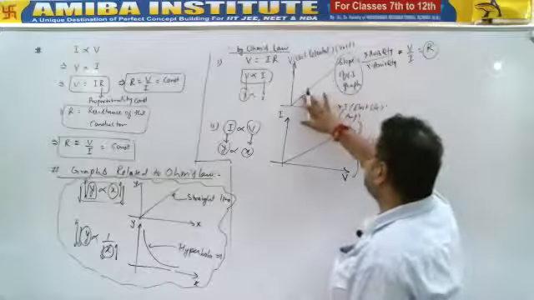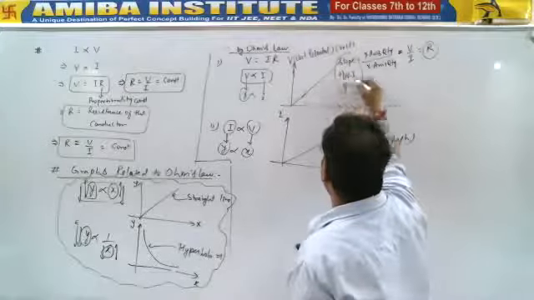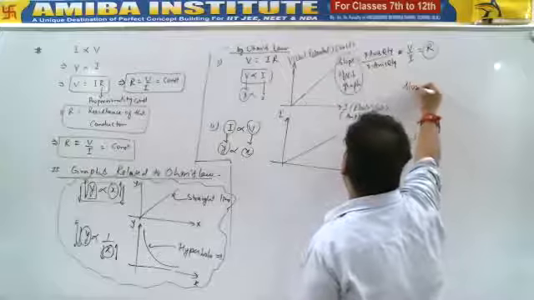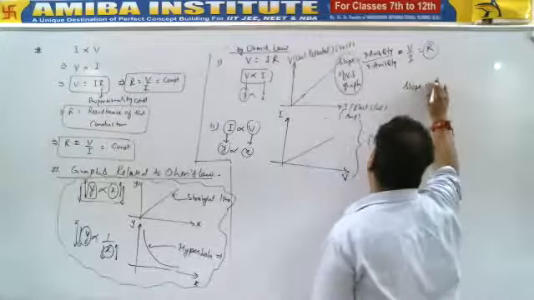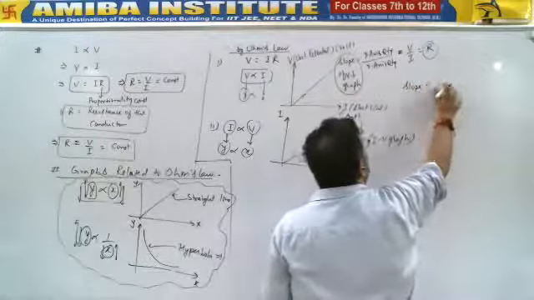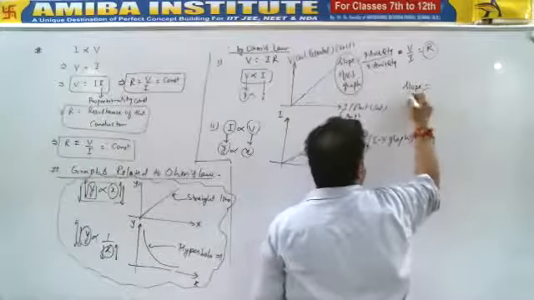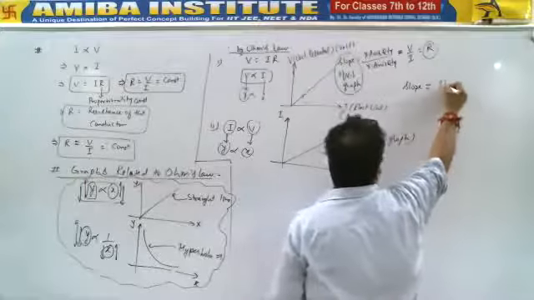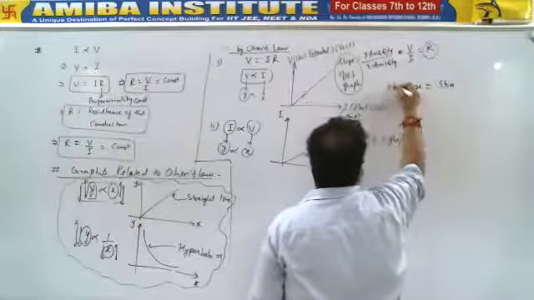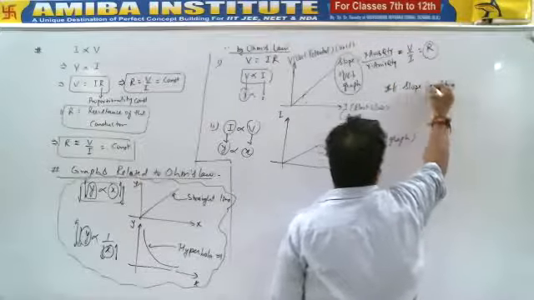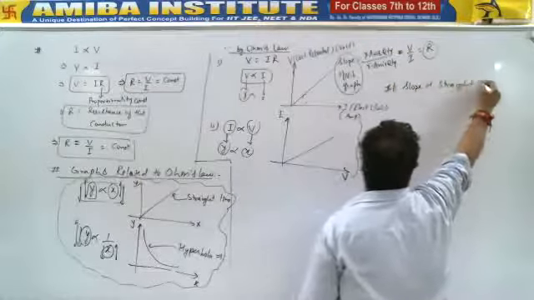Let's learn another concept, although we will learn all these things in grade 11 and 12. If the graph is a straight line, then it represents a uniform slope.